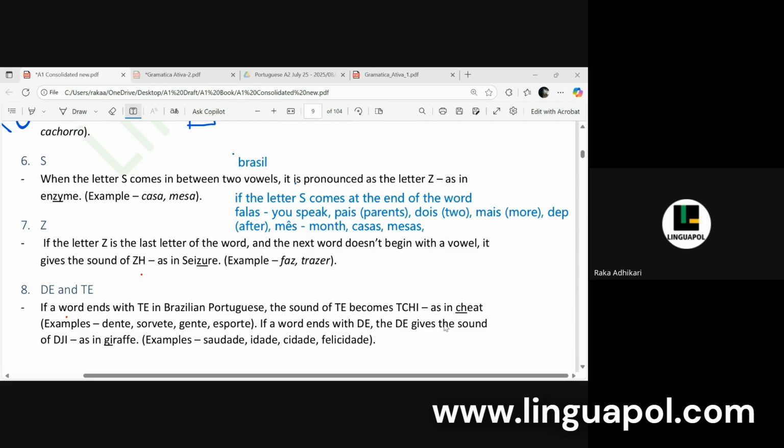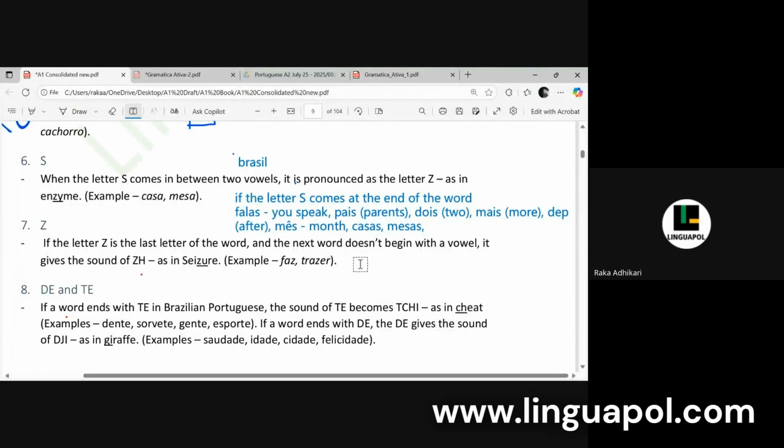But when it comes at the end of the word, then it becomes J. Normal sound is Z, and the sound at the end of the word is J. It's not Y. It's J. Your tongue is partially touching the top of your mouth. Okay? Yes, exactly. J, only when it comes at the end of the word.